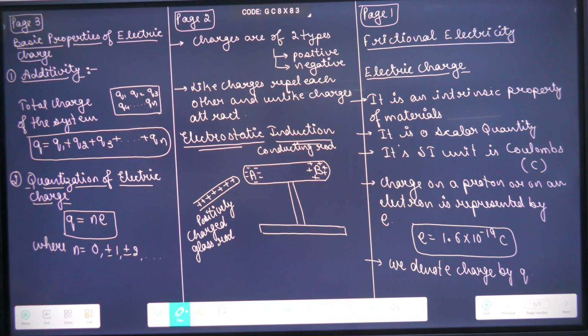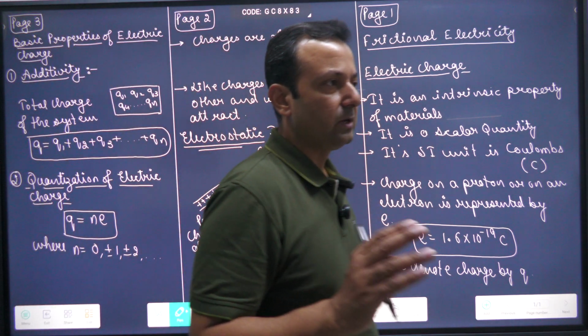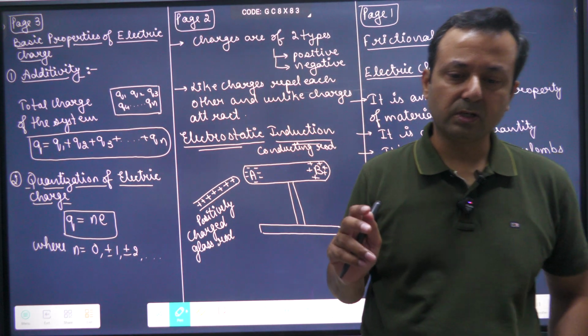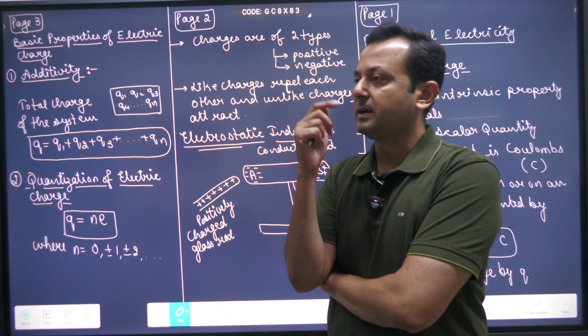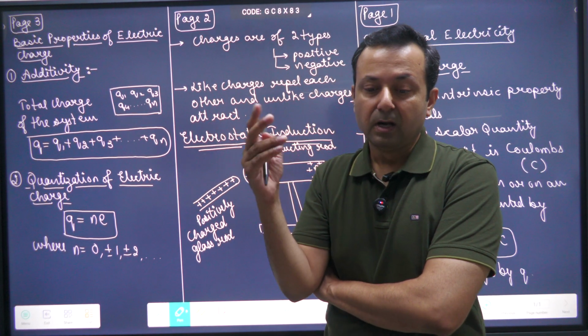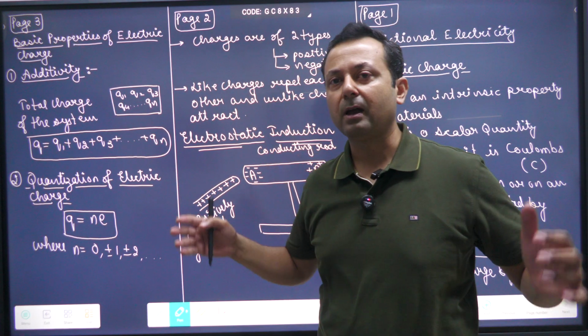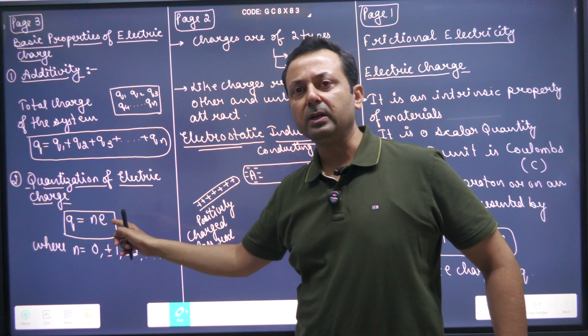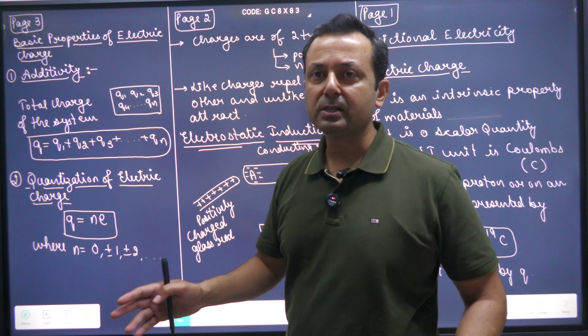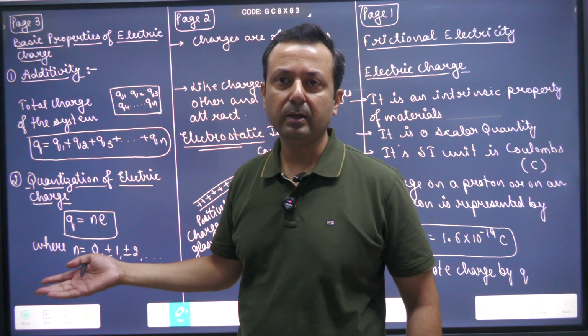E is called the basic charge, and its value is 1.6 into 10 to the power minus 19 coulomb. And N is how many charges we have. If we have 18 charges, then the total charge will be 18 E. If we have 20 charges, then the total charge will be 20 E.